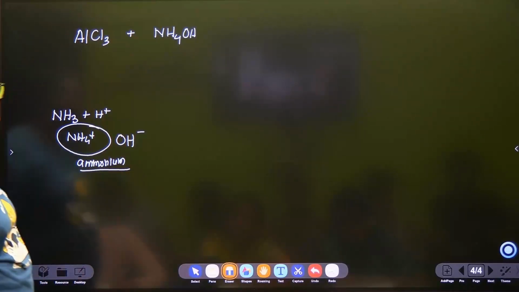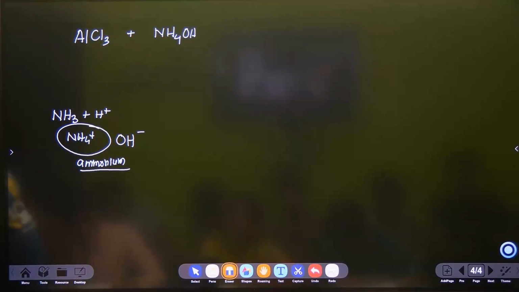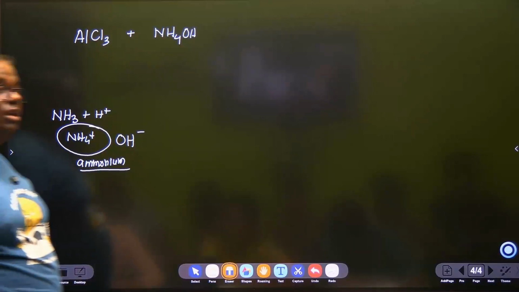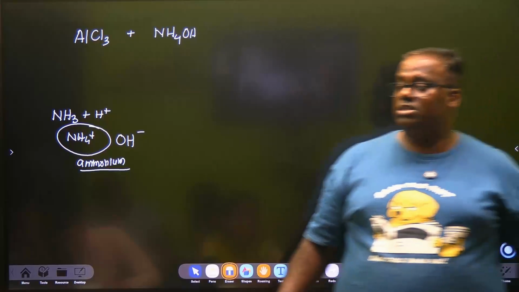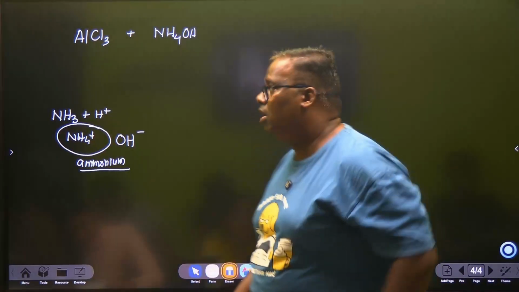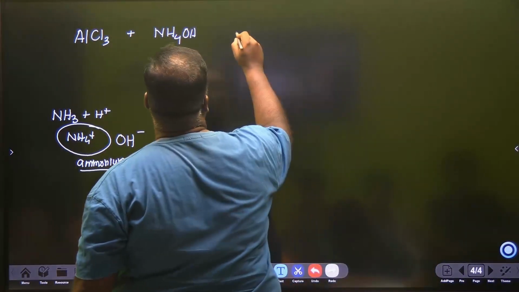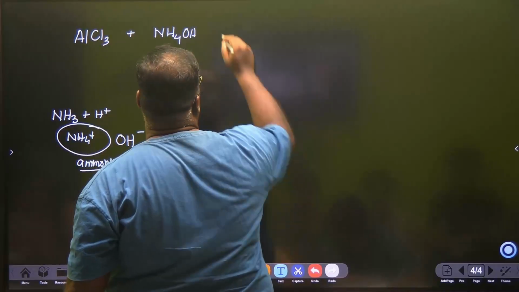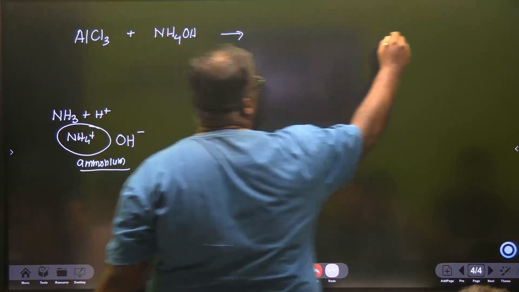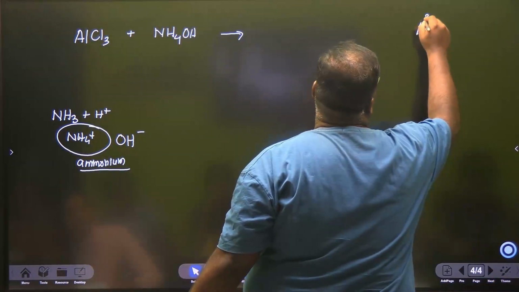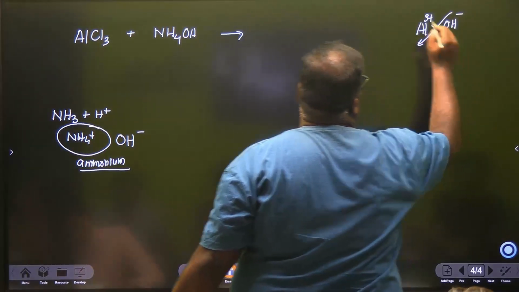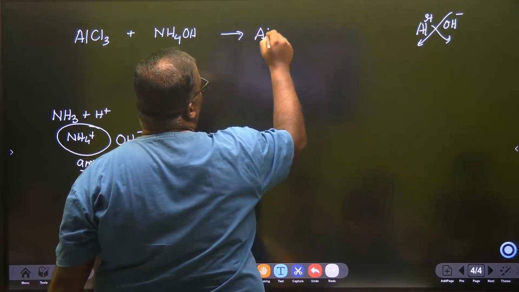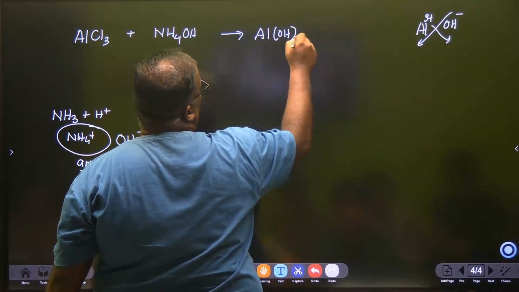Double displacement. So it will form aluminium hydroxide. Now look at aluminium hydroxide. Aluminium is always Al3 plus. Hydroxide is OH minus. So how will the arrangement be? Aluminium is 3 plus, OH is minus, so just bring it: Al(OH)3.